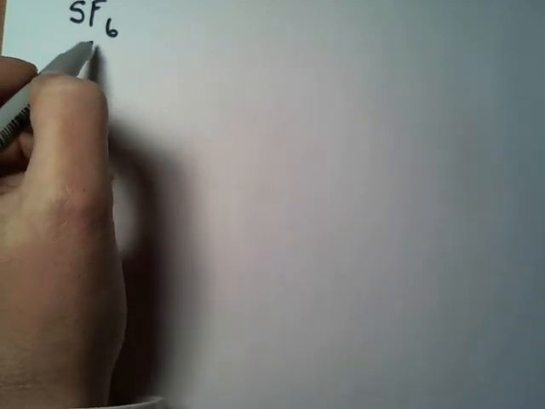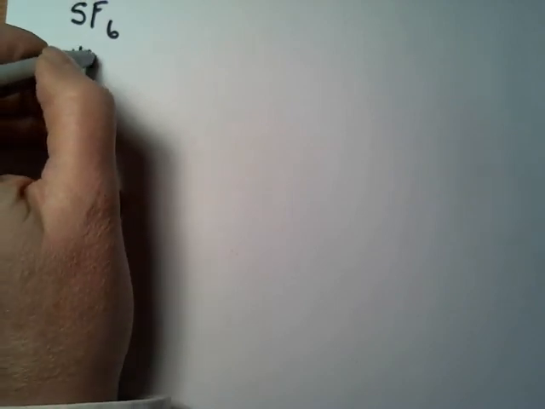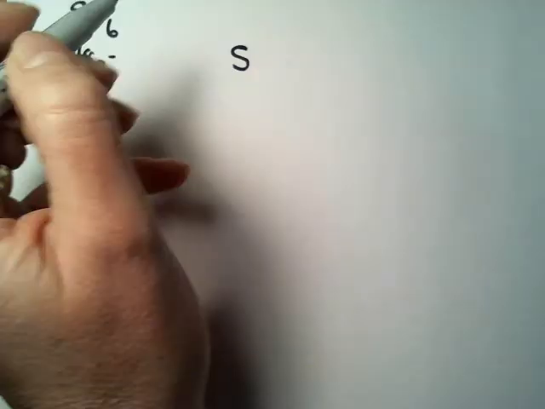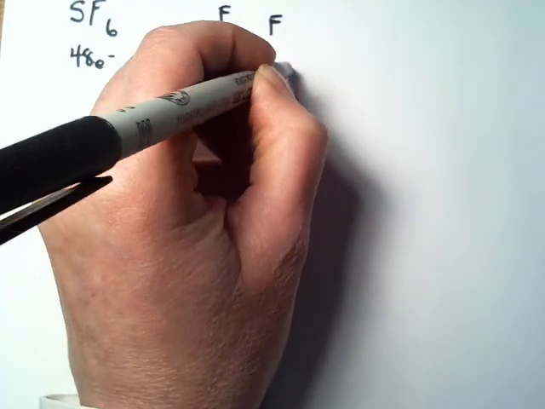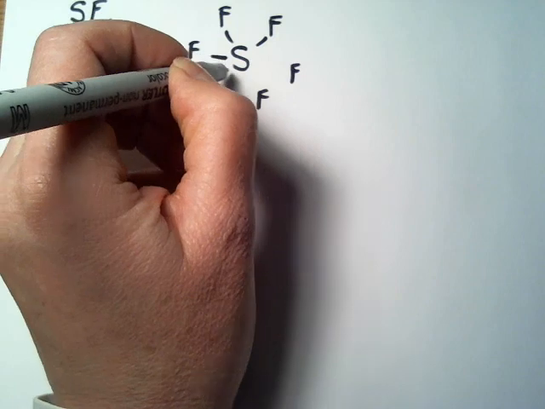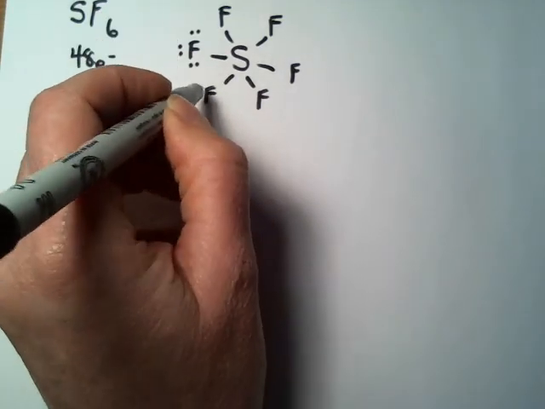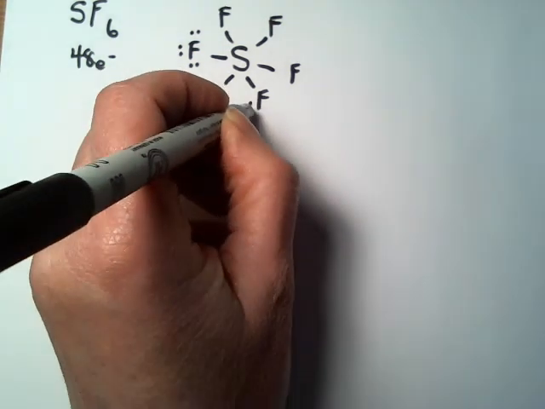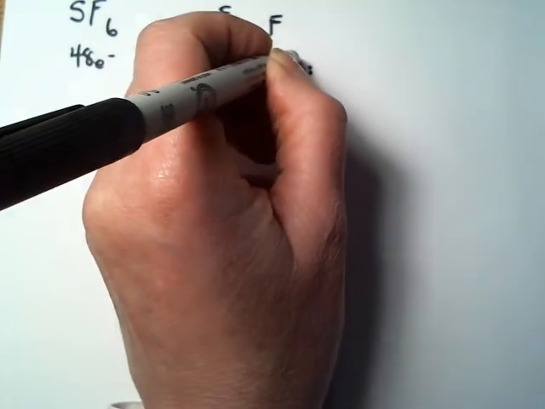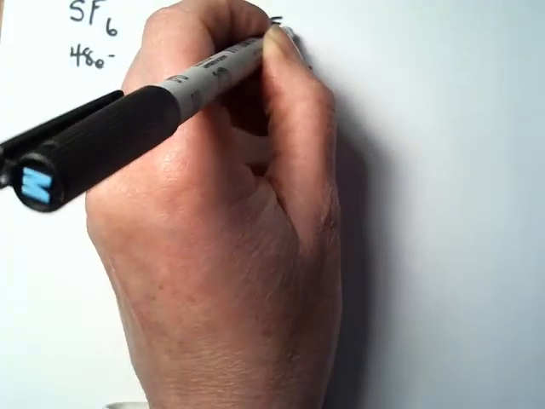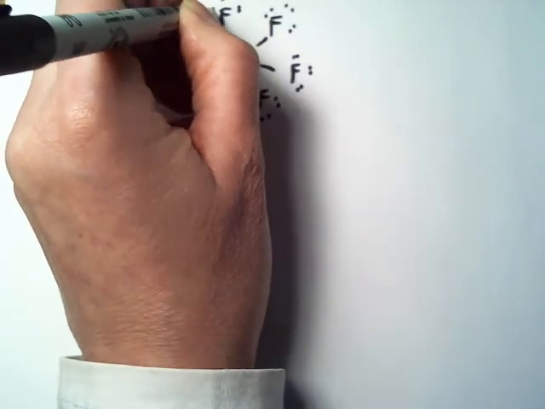So fluorine is 7, 6 7's 42, and sulfur is under oxygen, so that's 6. So I've got 48 electrons. Sulfur 1, 2, 3, 4, 5, 6, 2, 4, 6, 8, 10, 12, 14, 16, 18, 20, 22, 24, 26, 28, 30, 32, 34, 36, 38, 40, 42, 44, 46, 48.